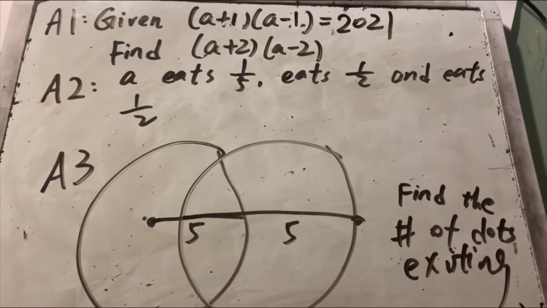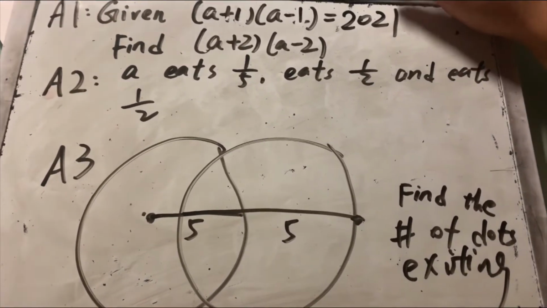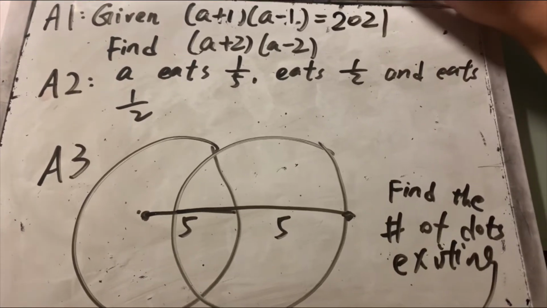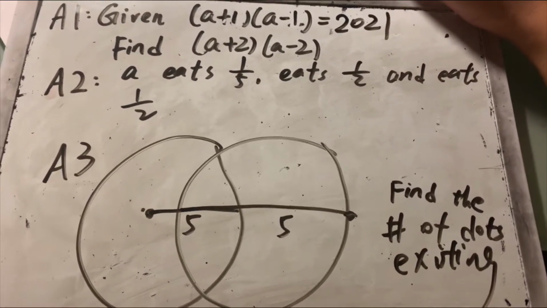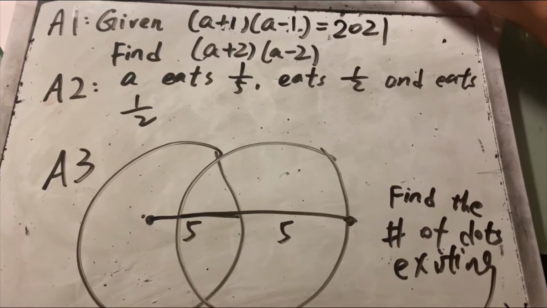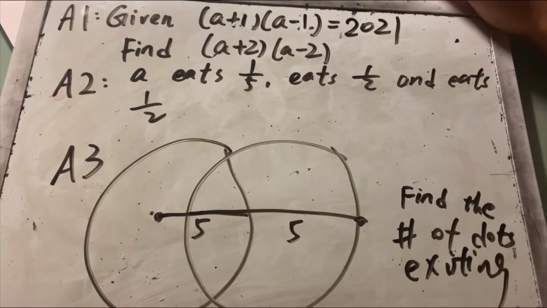So basically, let's first look at A1. A1 is a pretty easy problem. You can solve it easily by difference of squares.